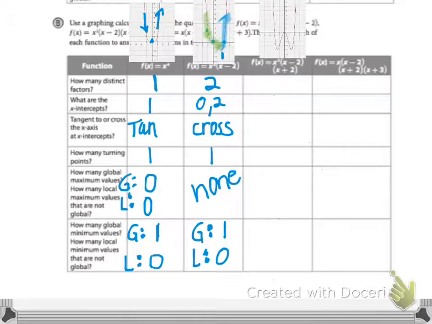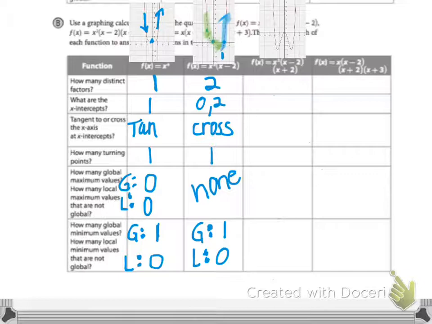So at the ends, they all behave the same. If you look at every single one of these, both ends are pointing up, right? That's because they don't have a negative out in front doing the reflecting. But what's happening in the middle is there are lots of twists and turns.